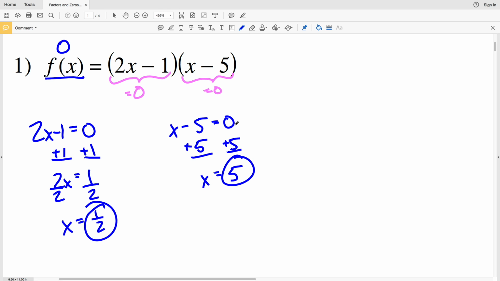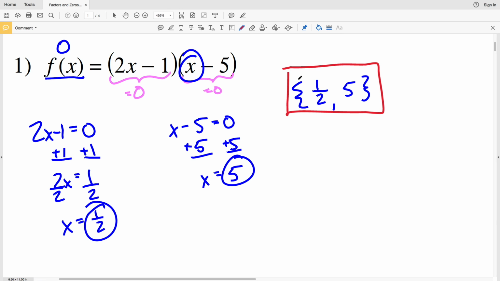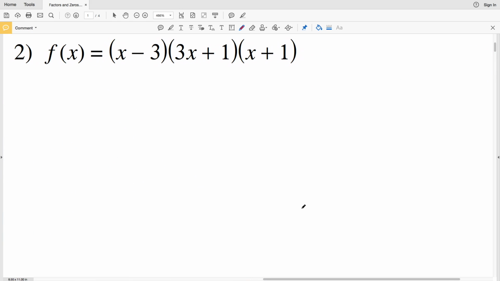So when x is positive 5, we'll plug 5 in for x. 5 minus 5 is 0, and 0 times any quantity, 2x minus 1, equals 0. So our solutions in number 1 will have 1/2 and 5. And I'll write this in set notation, or you feel free to leave it as x equals 1/2 and x equals 5.